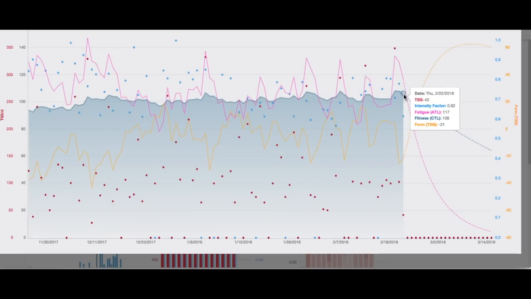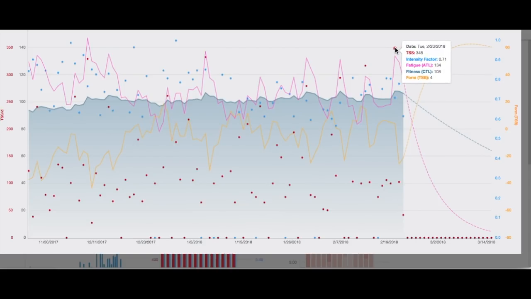Let's start at the top with the TSS, Training Stress Score. Each of these red dots is a workout, and the higher it is, the harder the workout was. Here's another high one back here on January 6th, a training stress score of 332.